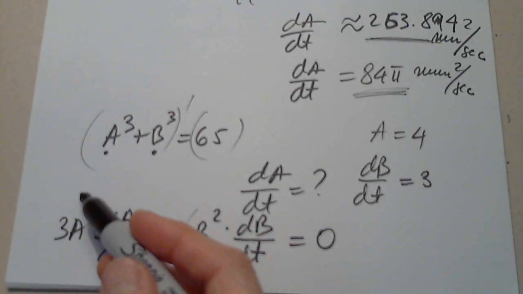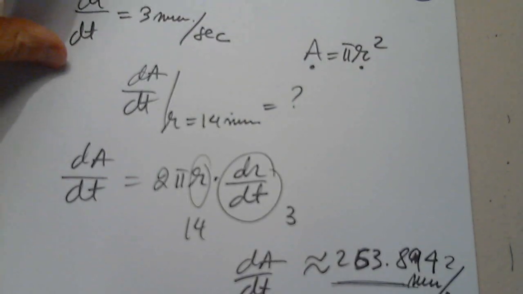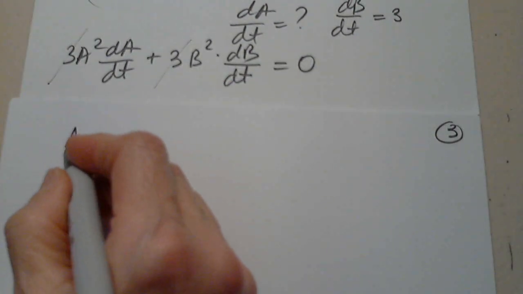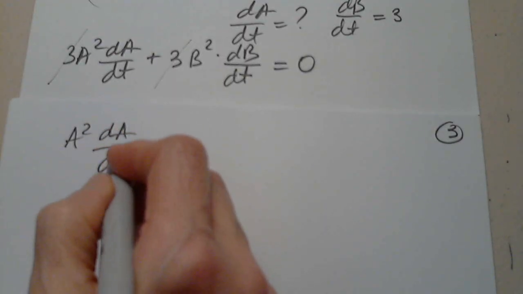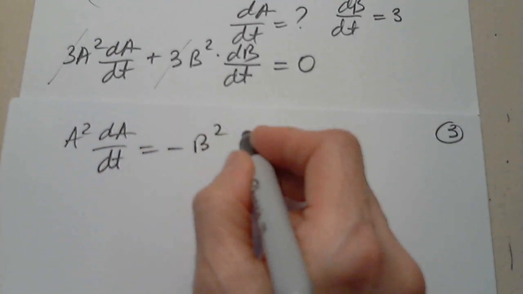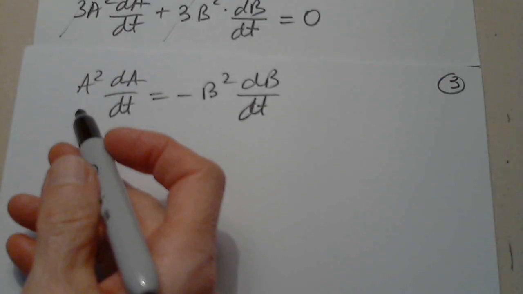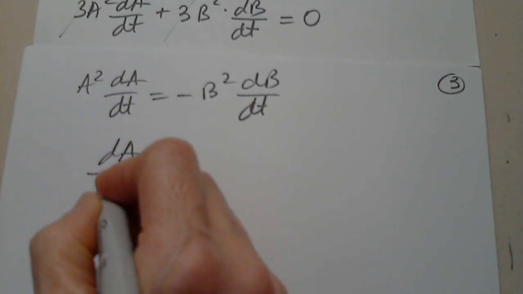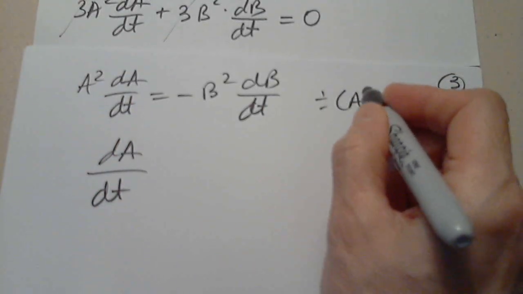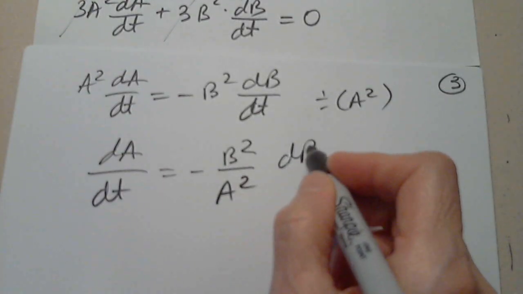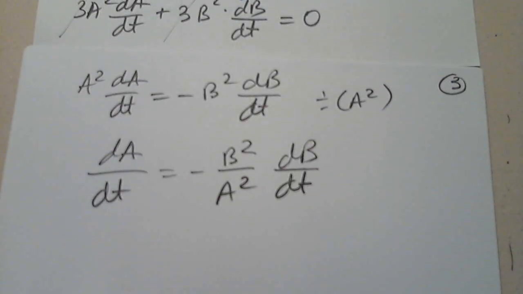I will divide both sides by 3. So then I have a squared dA over dt equals negative b squared dB over dt. Since they want us to find dA over dt, I divide by a squared, so dA over dt equals negative b squared over a squared times dB over dt.